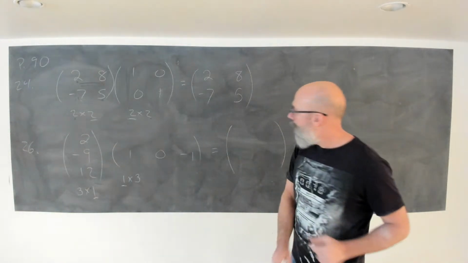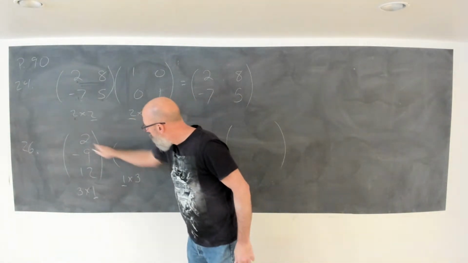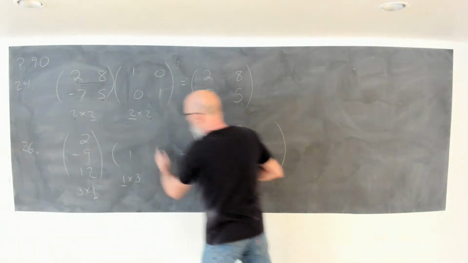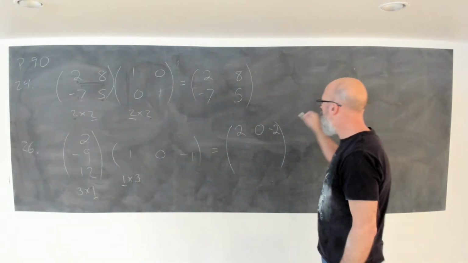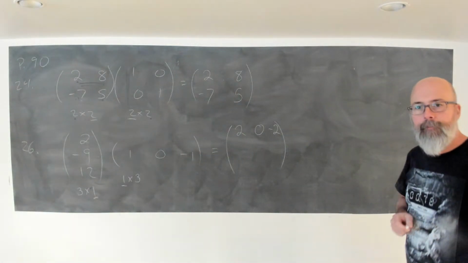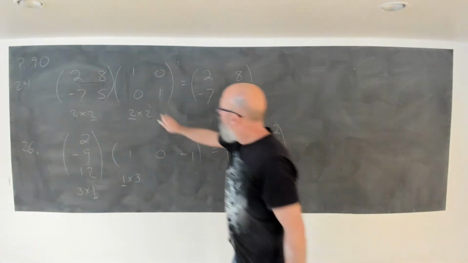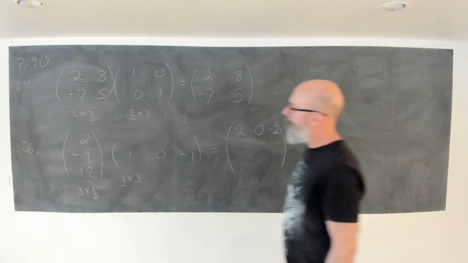Absolutely. Let's do it. First row times first column, 2 times 1. First row times second column, first row times third column. Absolutely, Nandini, right? We're going to define this as the identity matrix shortly.